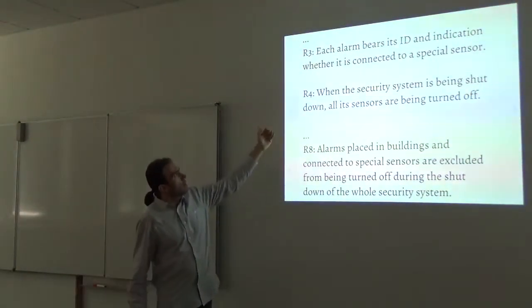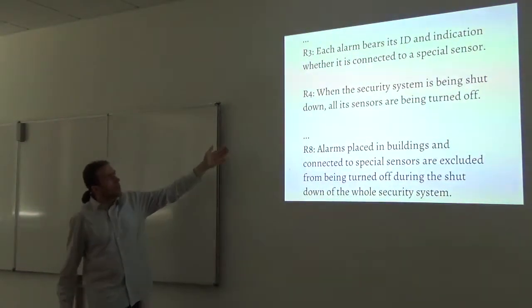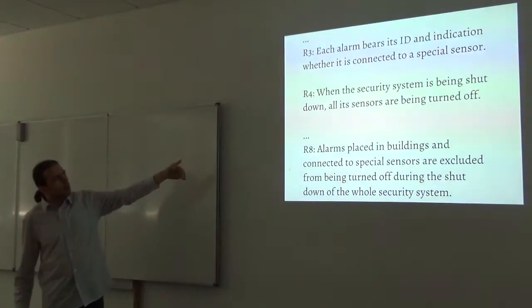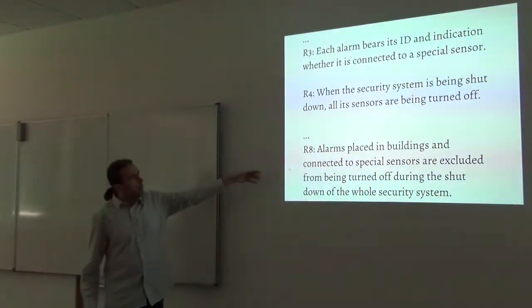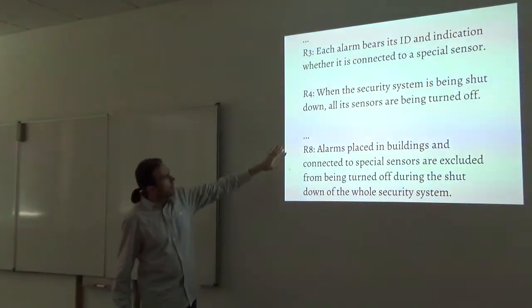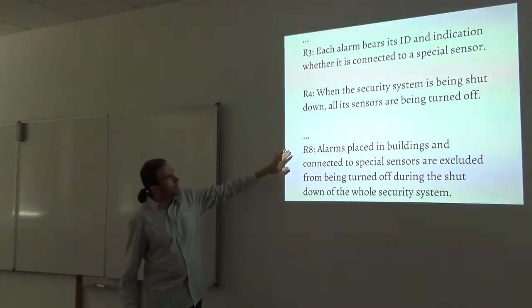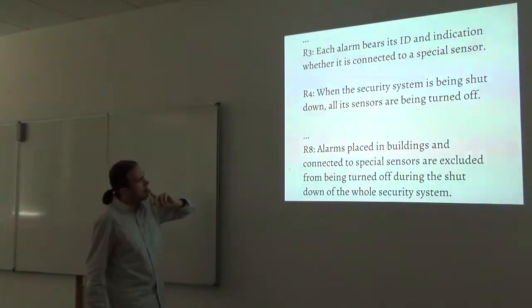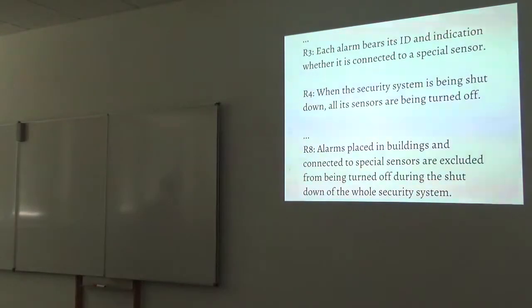Then we have: when the security system is being shut down, all its sensors are being turned off. And sometime later in the specification there comes a maybe different requirement: alarms placed in buildings and connected to special sensors are excluded from being turned off during the shutdown of the whole security system.